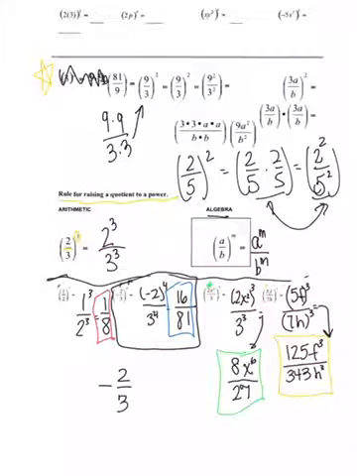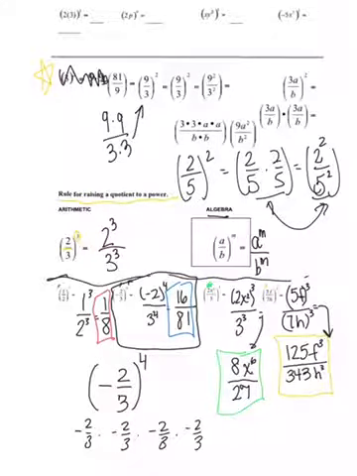And so we can think of this in one or two ways, if this helps you. If it's negative 2/3 written to the 4th power, that really equals negative 2/3 times negative 2/3 times negative 2/3 times negative 2/3.